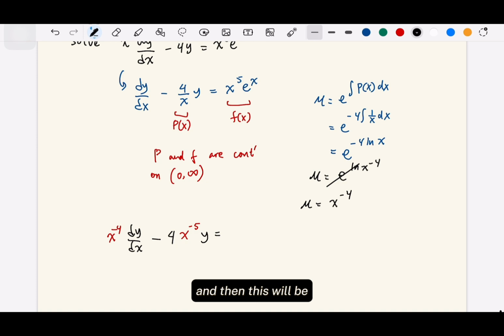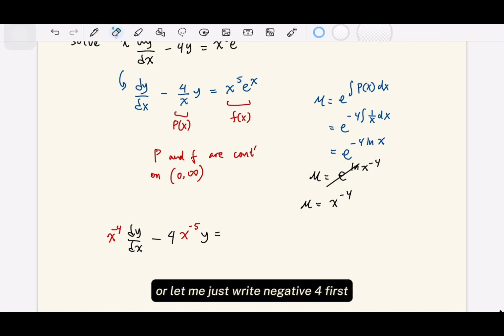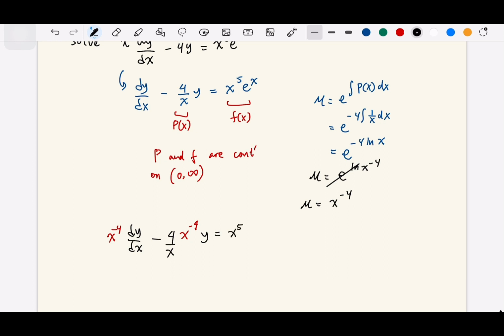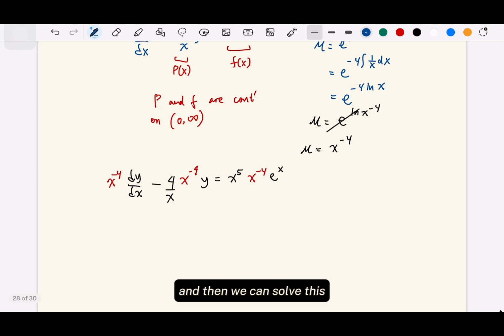And then this will be, or let me just write negative 4 first. Negative 4 over x, and then x with power of 5. Okay. And then we can solve this.